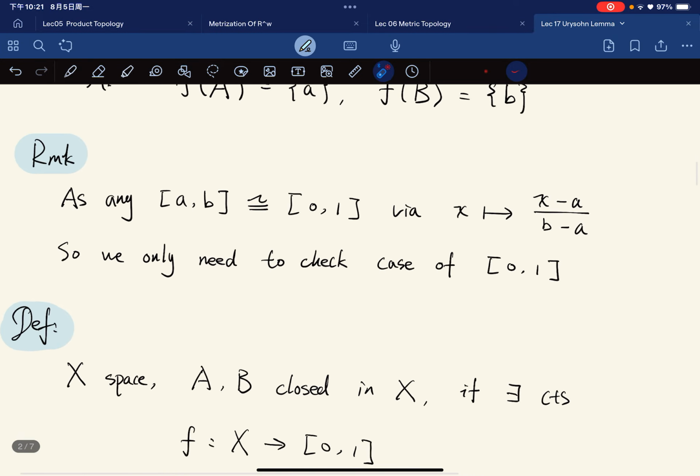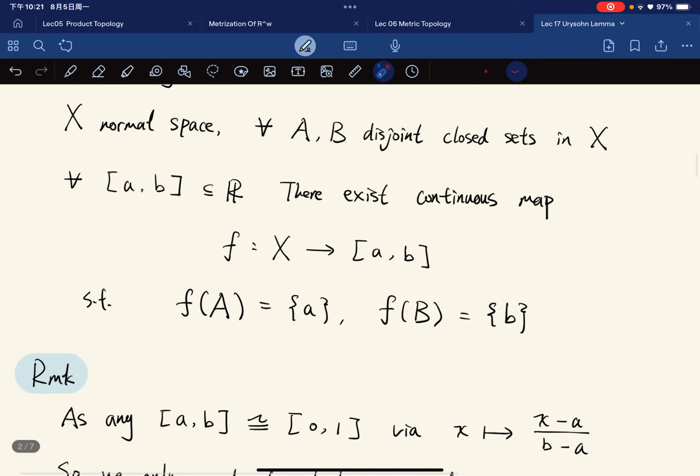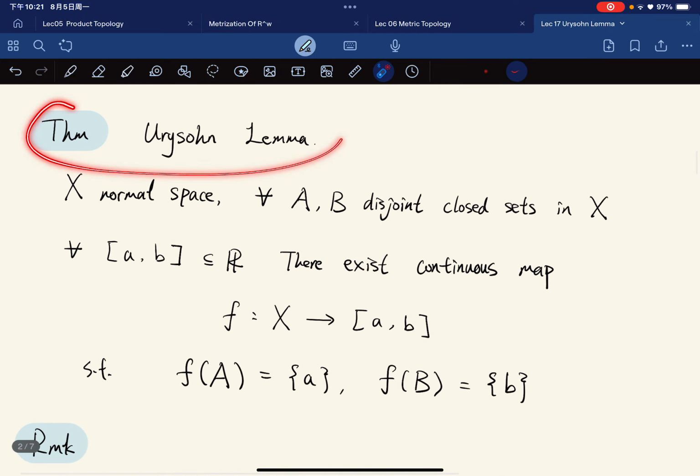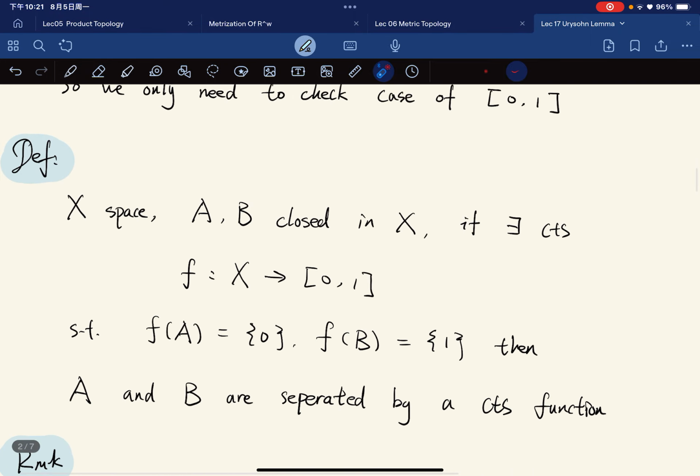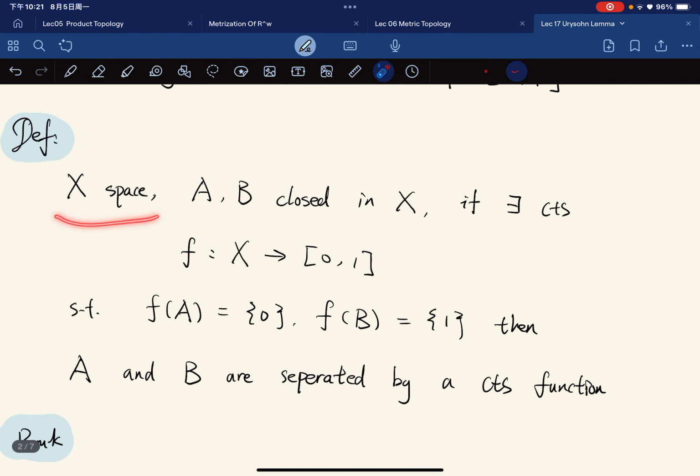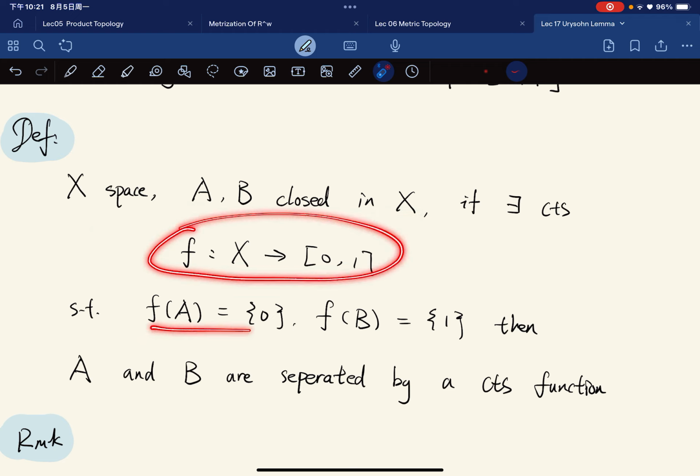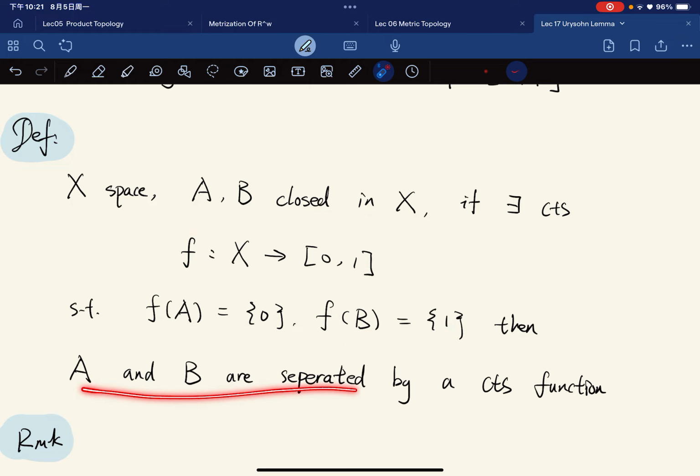Also, motivated by the Urysohn lemma, for any space X and two closed sets A and B in X, if there exists a continuous function that separates them, then we say that A and B are separated by a continuous function.